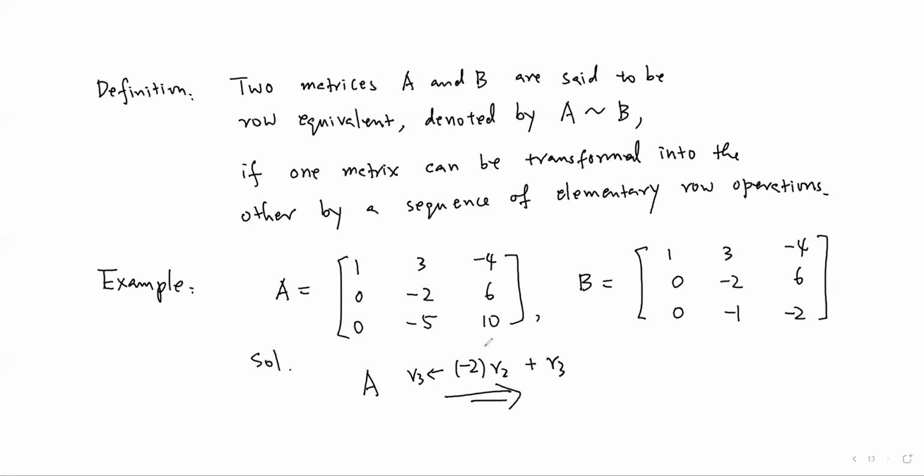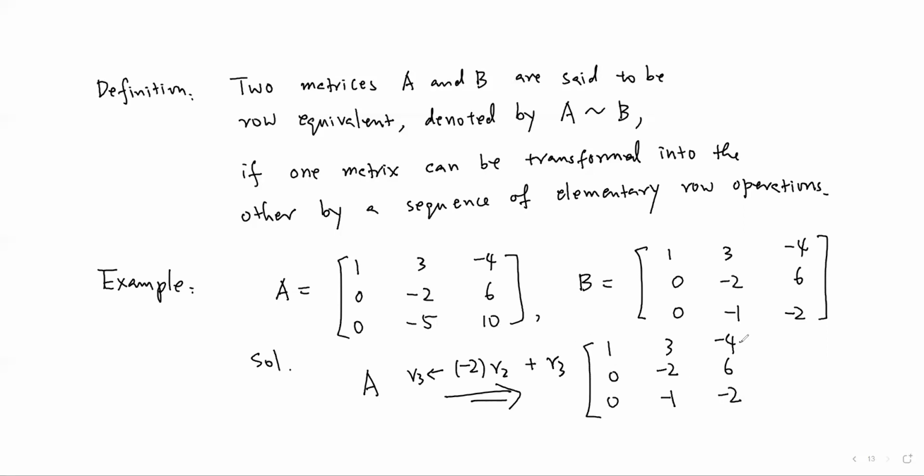Then I get 1, 3, 4. 0, -2 times -2, 4, add to -5, so -1. -2 times 6, -12, plus 10, -2.